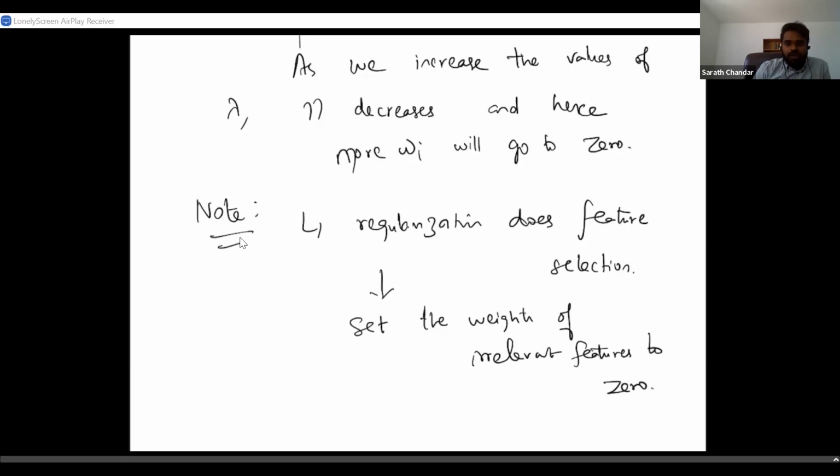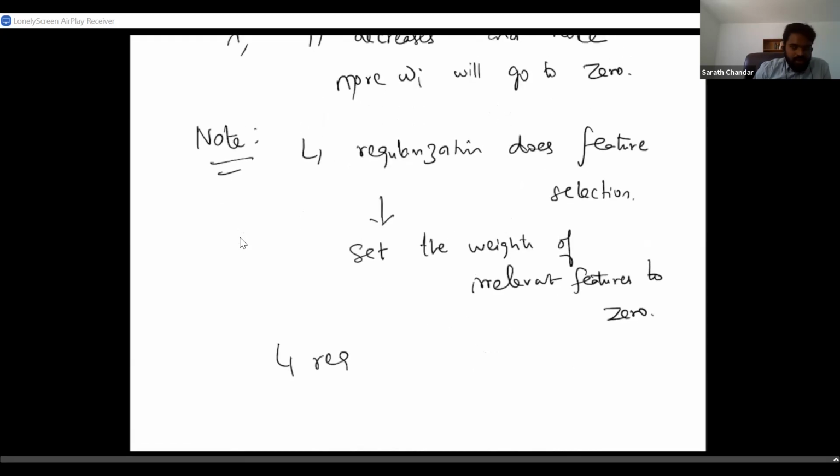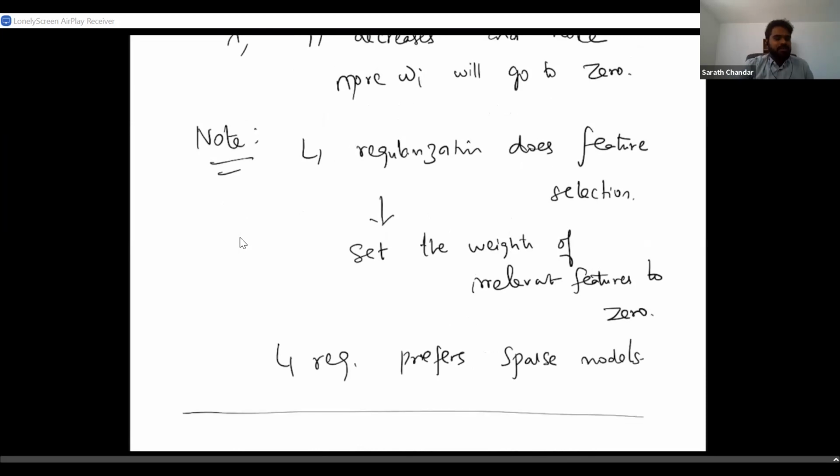Another way to look at this is that L1 regularization prefers sparse models. There are certain benefits in having a sparse model. Maybe we could discuss this in one of the later lectures.